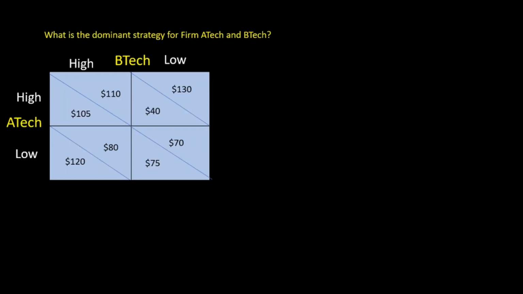All right, let's take the situation of firm A Tech. Suppose B Tech chooses to go high. So we are in this part of the matrix. Now you can see that when B Tech chooses to go high, then it is optimal for A Tech to charge a lower price because the earnings are maximum when firm A chooses to go low.